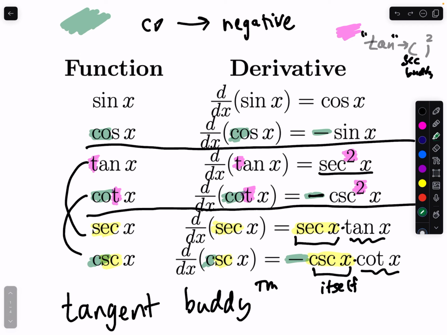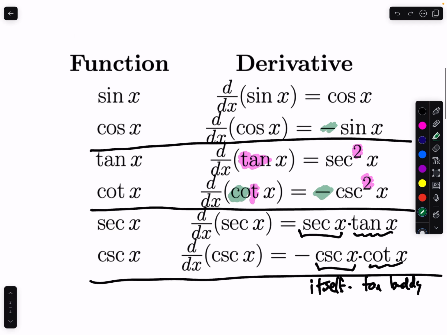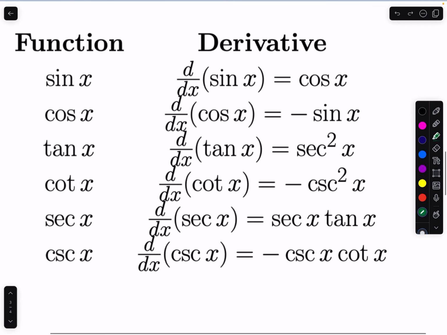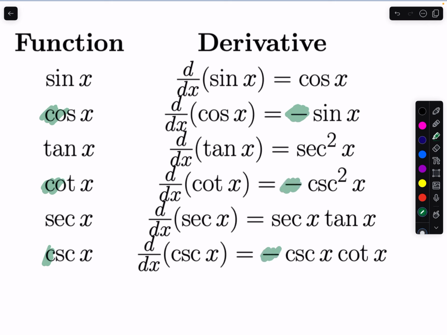Let's just reiterate these one more time. Anytime you take the derivative of a co, you incur a negative sign. Next up, anytime you take the derivative of a tan, you incur a square of its secant buddy.